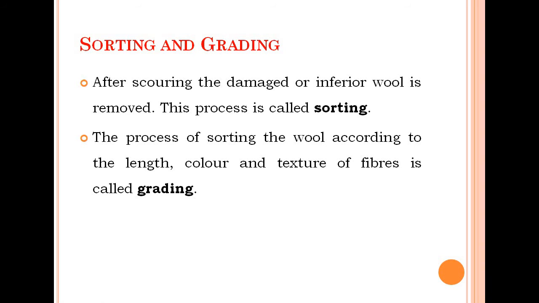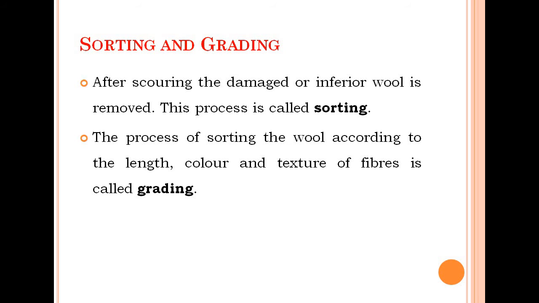So what is grading? The process of sorting the wool according to the length, color, and texture of fibers is called grading. Means they are graded according to their length. The fibers of the same length are graded in one category. The colors are different, so the fibers of the same color are graded in different categories, and the same logic applies to the texture of the fibers.